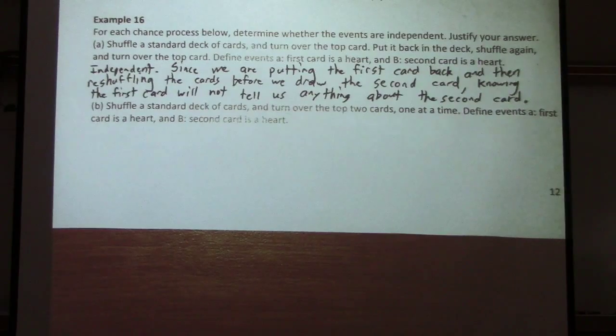So I grab a penny, and then I put it in my pocket. And event B is the second penny I select is from the 90s. Are those two events independent? Does the first penny have anything to do with that second penny? Will it affect the probability that the second penny is from the 90s? No.